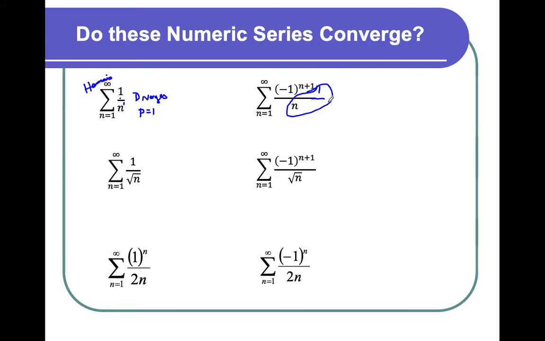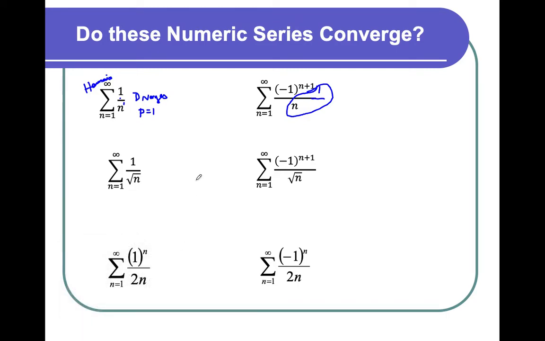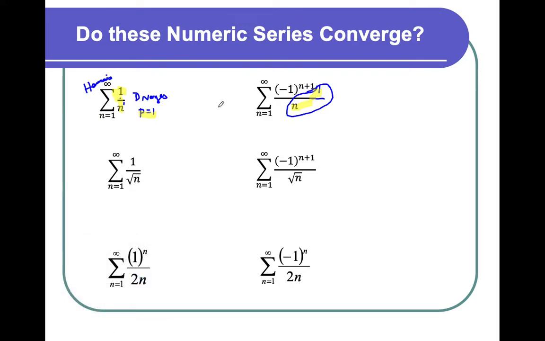There's 1 over n. The only difference between the expression on the left and the expression on the right is the sign alternator. Do you see that? 1 over n, 1 over n. The harmonic series 1 over n diverges because P is equal to 1. This is the alternating harmonic series. The only difference between the one on the left and the one on the right is the sign alternator.